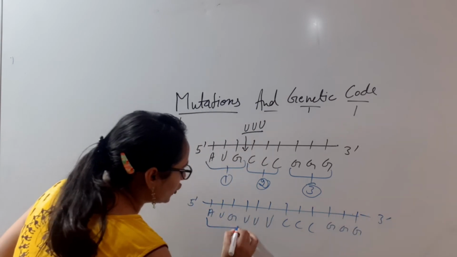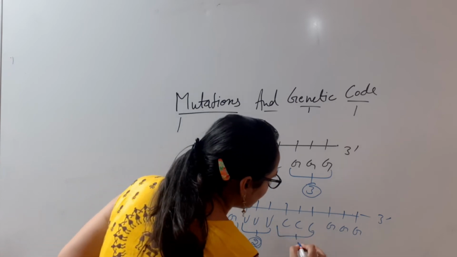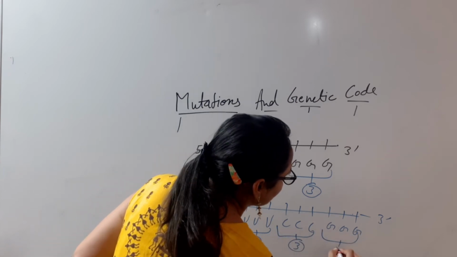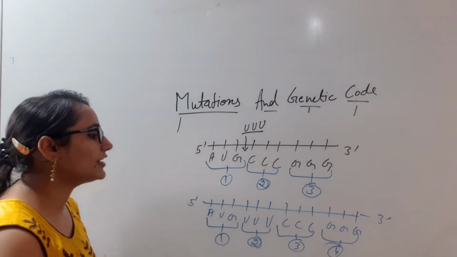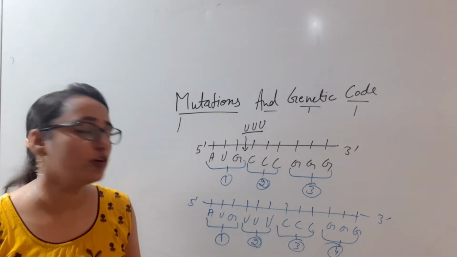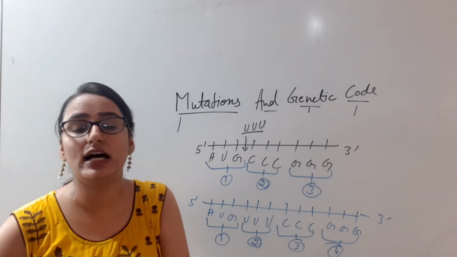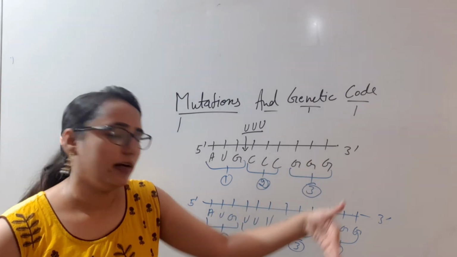So here the first codon is AUG, second codon is UUU, third codon is CCC, and the fourth codon is GGG. Here you can see that only the second codon is inserted at a particular position, but this insertion of three nucleotides will not change the reading frame of the mRNA.